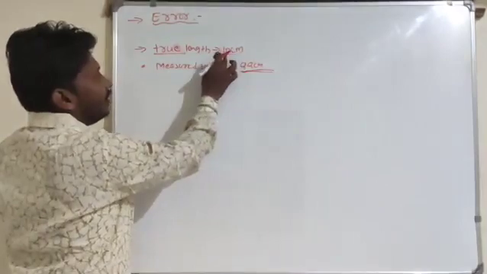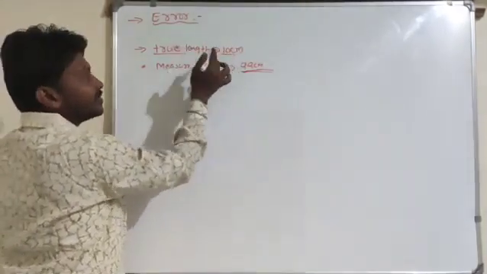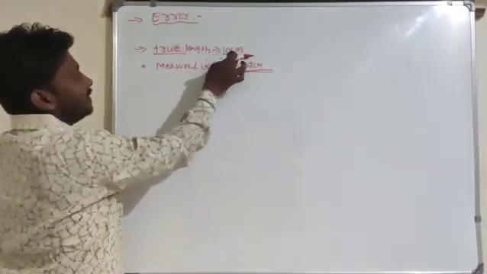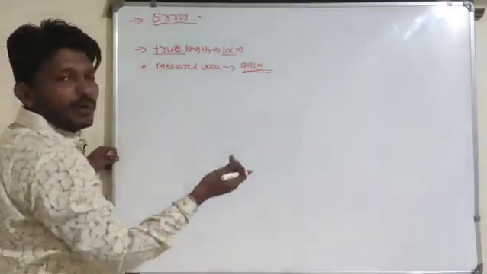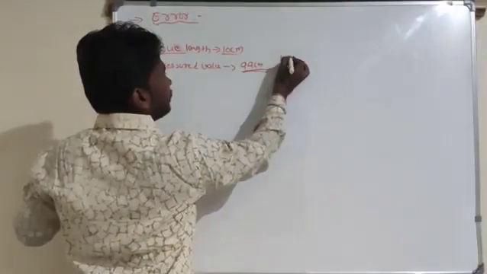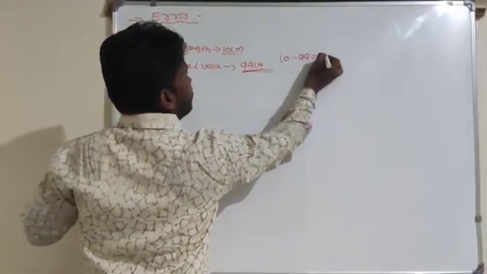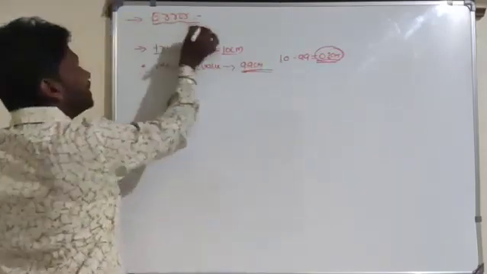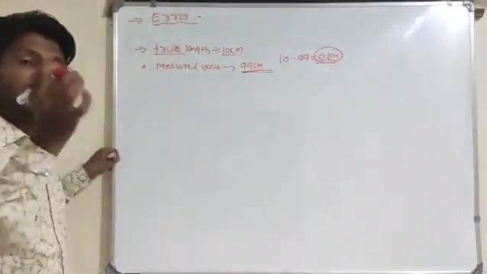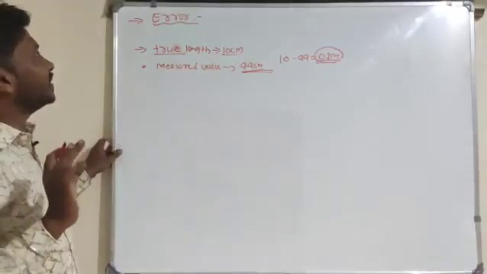What's the true value here? The true value of this object, meaning the true length, is 10 centimeter. While measuring, I got 9.9 centimeter. So the difference is 0.1 centimeter, and this 0.1 centimeter is nothing but the error while measuring. Hope you understand the meaning of error.